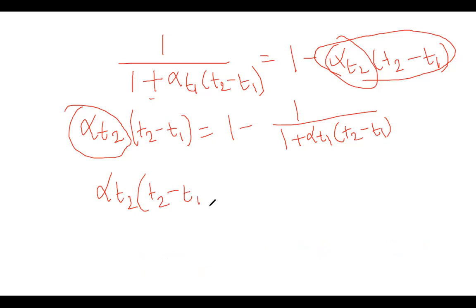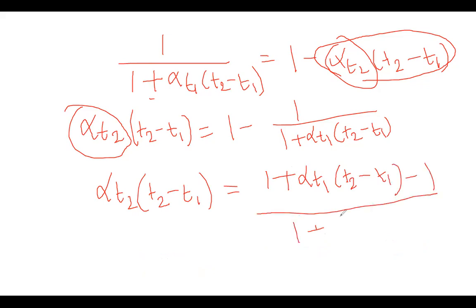If I'm taking the LCM over here, what can I write? 1 plus alpha T1, T2 minus T1 minus 1 divided by, the denominator part is as it is, now you can say over here this 1 is cancelled out, alpha T1 into bracket T2 minus T1.